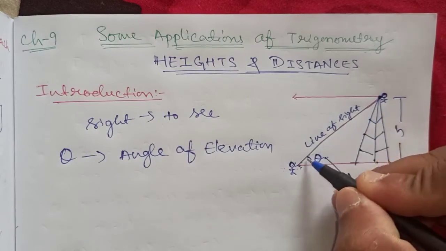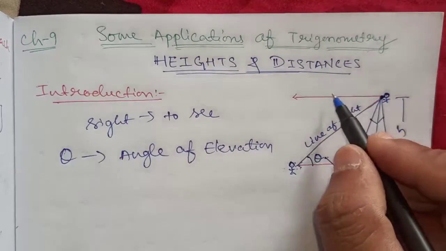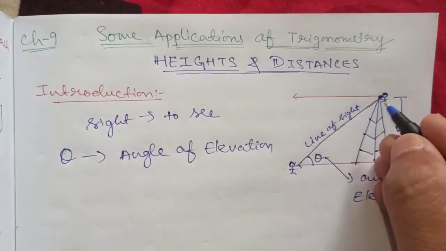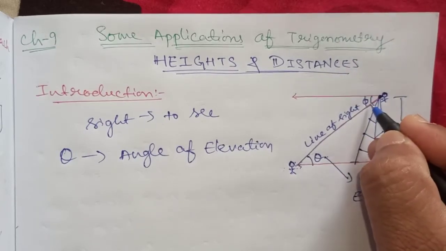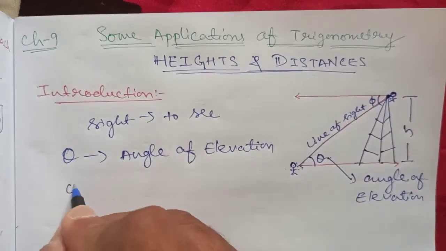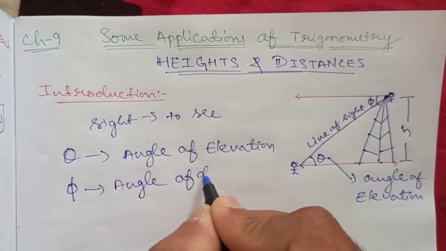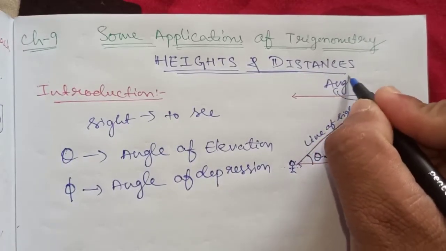The angle made with the parallel line, these are the parallel lines, I will take as phi. This angle is called the angle of depression.